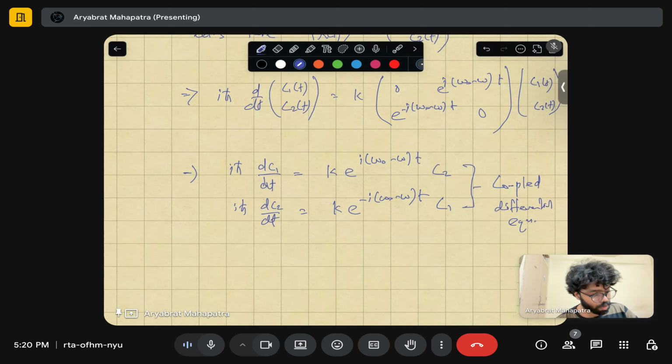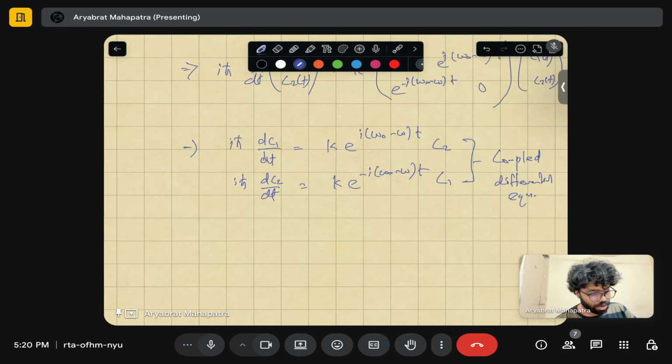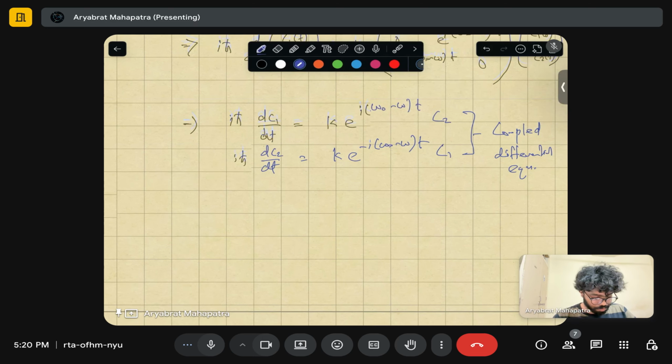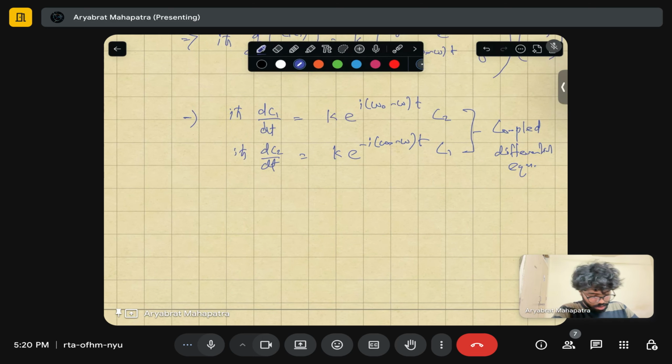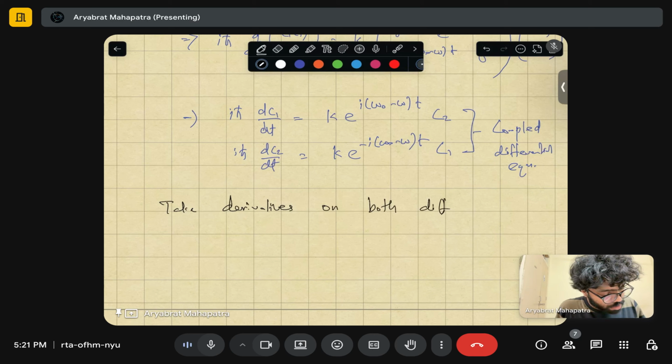For coupled differential equations, you first have to decouple them, then you solve. To decouple them, you take derivatives on both differential equations.